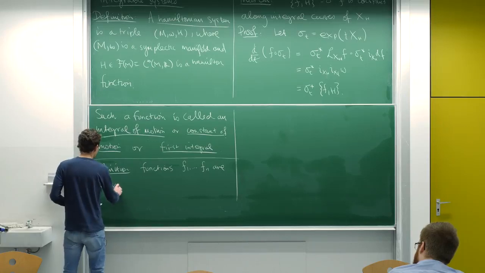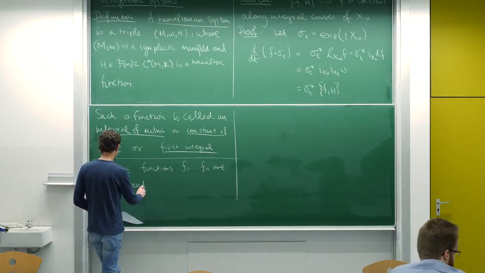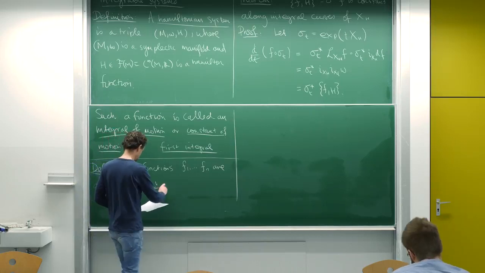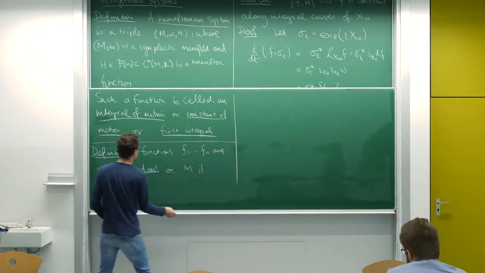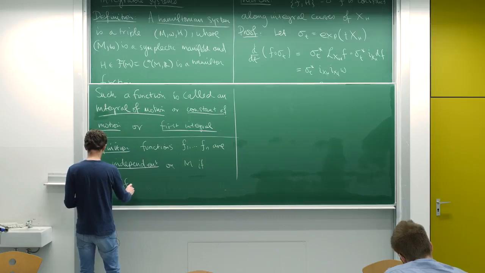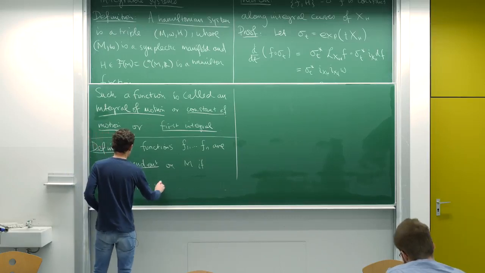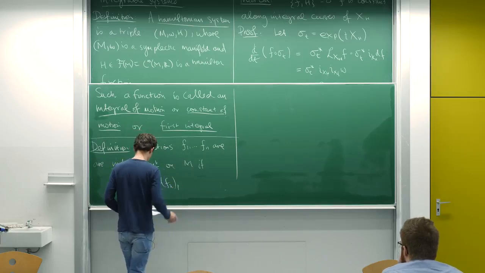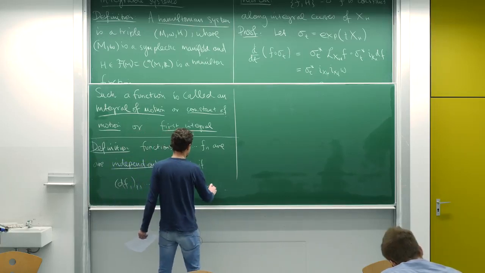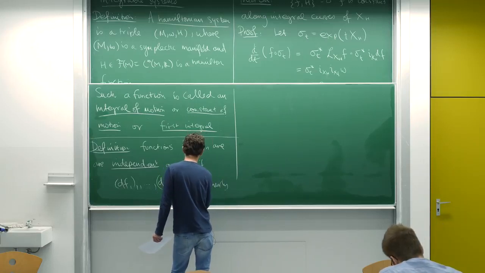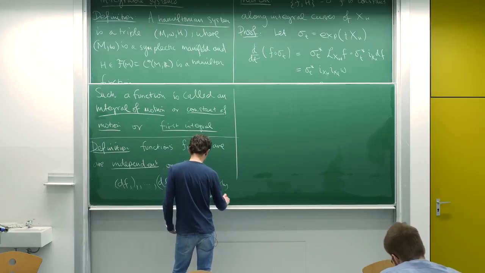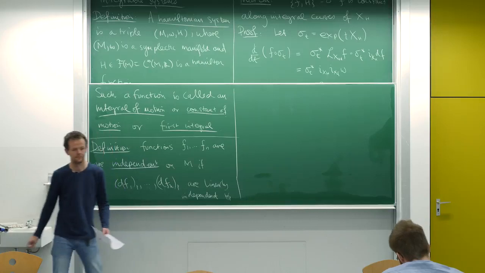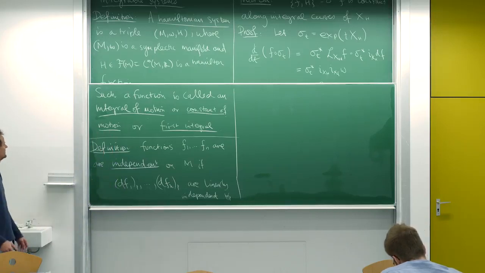Well, we're going to call them independent on a symplectic manifold M if df1 at P through dfn at P are linearly independent for all points P. So that's the notion of independence that we're going to use in discussing first integrals.